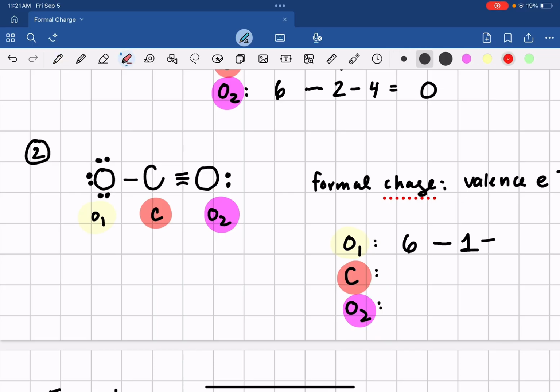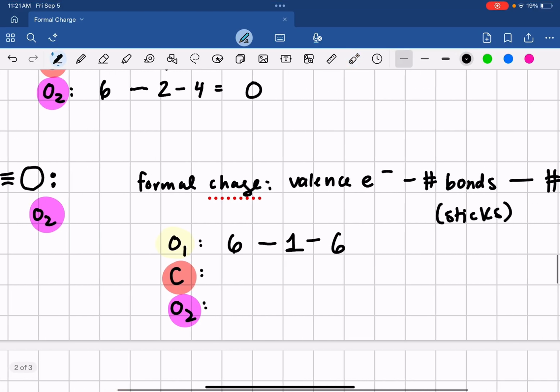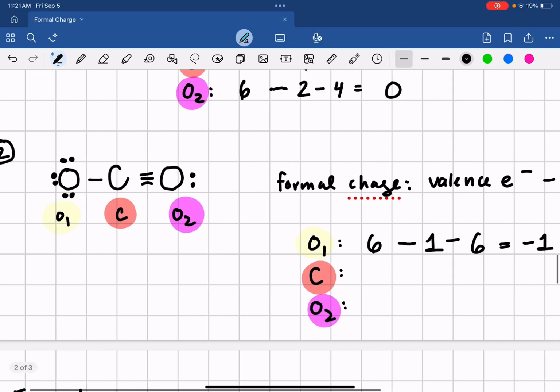Now let's calculate how many dots it has, or the number of electrons not bonded in a bond. 1, 2, 3, 4, 5, 6. 6. Okay, let's calculate that. That would give us a -1 charge. So on this oxygen, we see a negative charge on it.